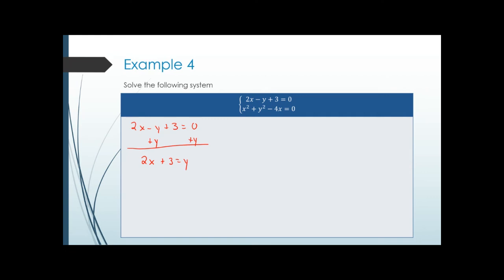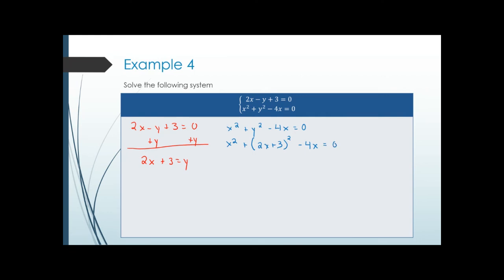Now I'm going to substitute that in for y squared. So first the second equation is x squared plus y squared minus 4x equals 0. So x squared plus, and then y is 2x plus 3. So that's (2x plus 3) squared minus 4x equals 0.